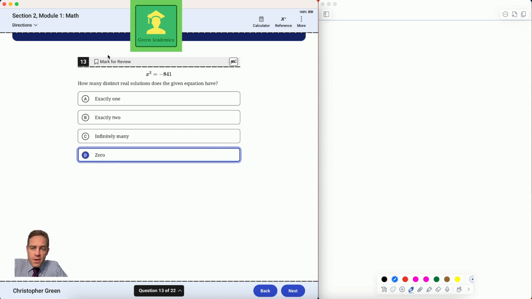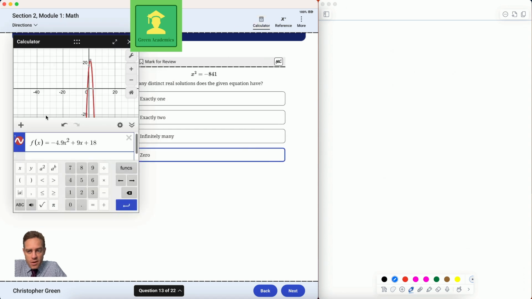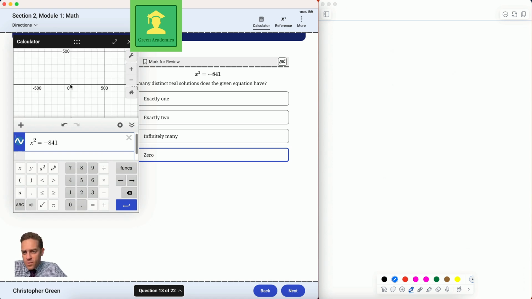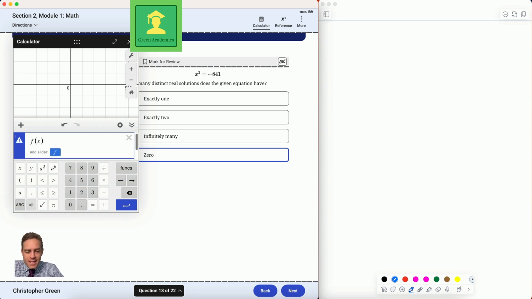But if you wanted to confirm on Desmos, you could write it like this, but you would have to understand that it shows you nothing, which is more tricky conceptually. A more helpful way of drawing it to articulate the fact that there are no solutions is to sketch the quadratic and then separately sketch the line y equals negative 841.